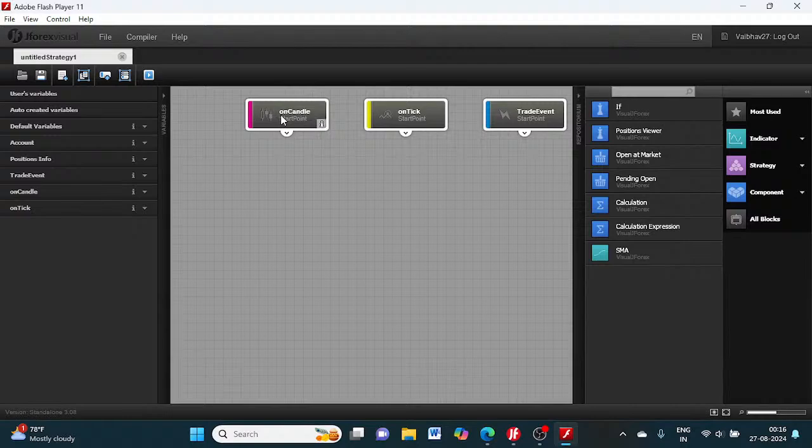The on candle start point initiates trade only when the new candle formation takes place. On tick is going to generate trade every single time there is a new tick, and trade event start point is going to initiate the trade only when there is a well-defined, predefined trade event happening in the market, and these three are going to work differently from each other. To keep matters simple, I would like to use on candle as our start point this time around.